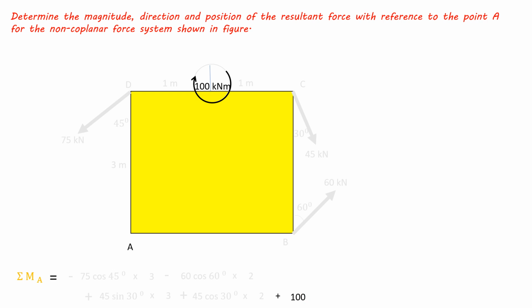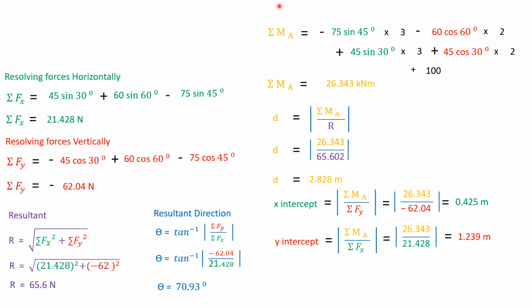Now calculating all this, we get summation MA value. D, the perpendicular distance of resultant from point A, is given by summation MA by R. Substituting summation MA value and R value, we get D value.